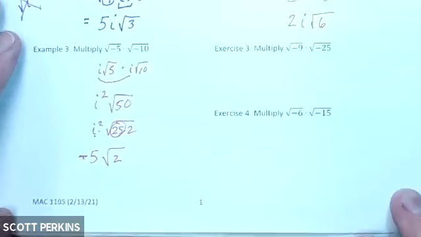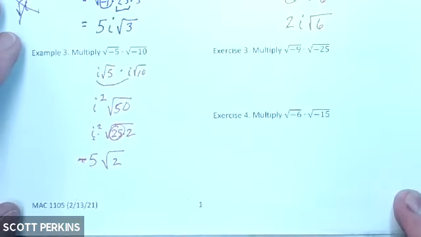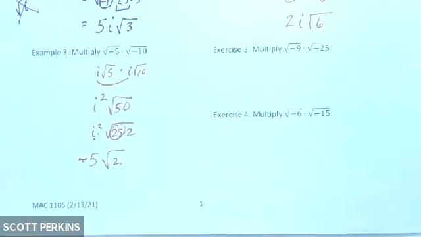All right, exercise 3. You get your own chance to do the same exact thing, although I've made the numbers perfect squares in this first one, just to practice the i stuff.